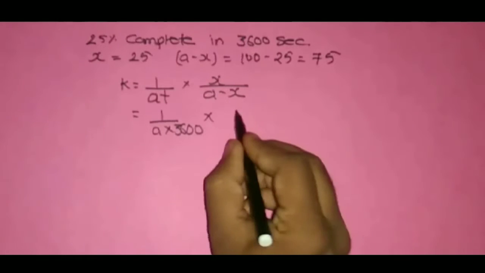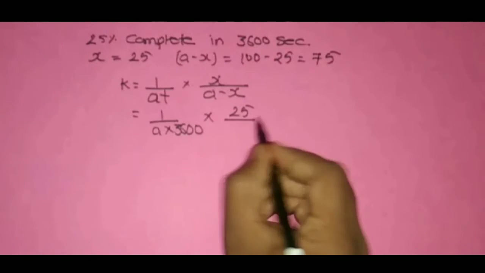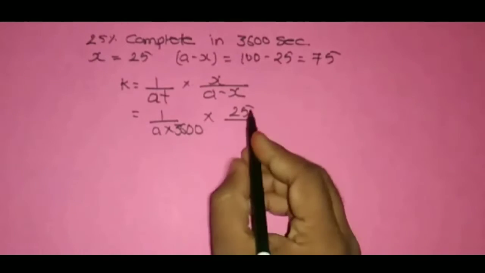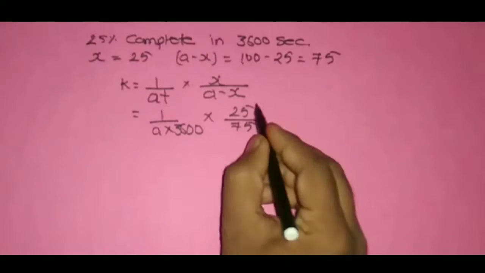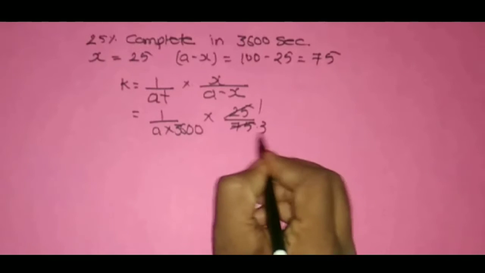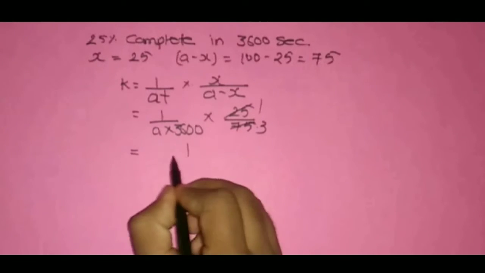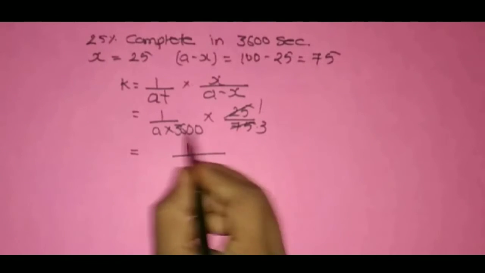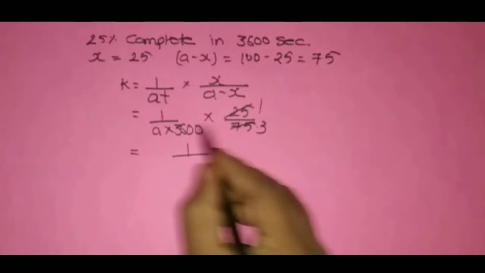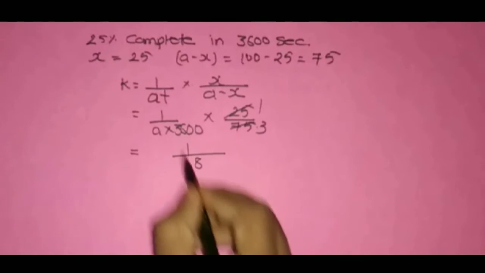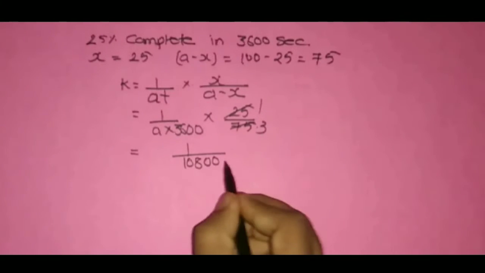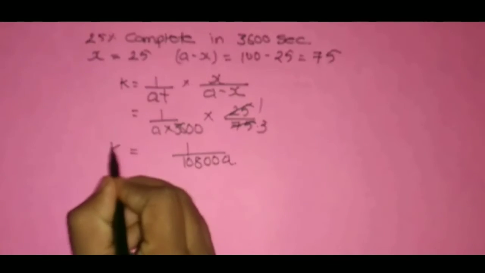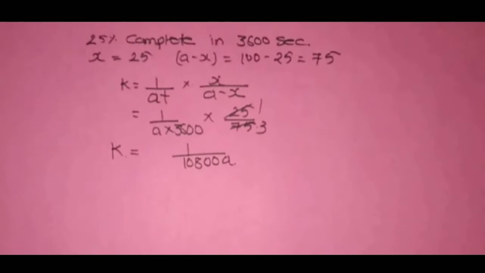Formation of product, I'll write it as 25, and a minus x, that is concentration of reactant after time t, is equal to 75. 25 3s are 75, so I'll write it as 1 upon 36 into 3. 36 are 18, 3 3s are 9 and 1 zero, and 00 as it is, and this a I'll keep it as it is. This is the value for rate constant.